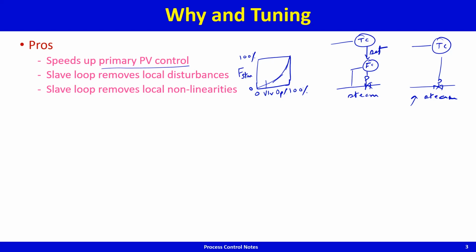Now if you're operating here and you make a 5% increase in steam, the steam flow actually increases only by 2.5%, and so the controller that was expecting that for a 5% increase in steam I should be getting back to set point, you have not gotten back to set point, and so the controller will have to compensate for the non-linearity through feedback. So in this case, non-linearity is compensated via feedback.